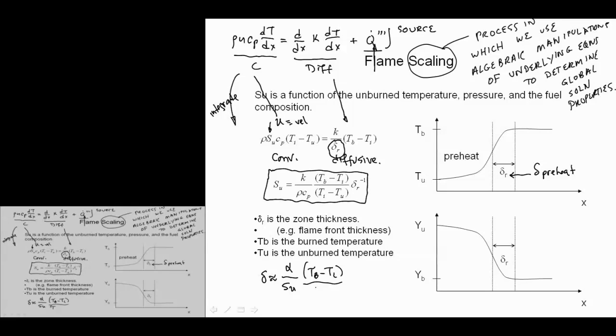I don't like this term. I just like to think about this as 1. So to first order, delta looks like alpha over SU. Alpha is the thermal diffusivity, and of course SU is our laminar flame speed.